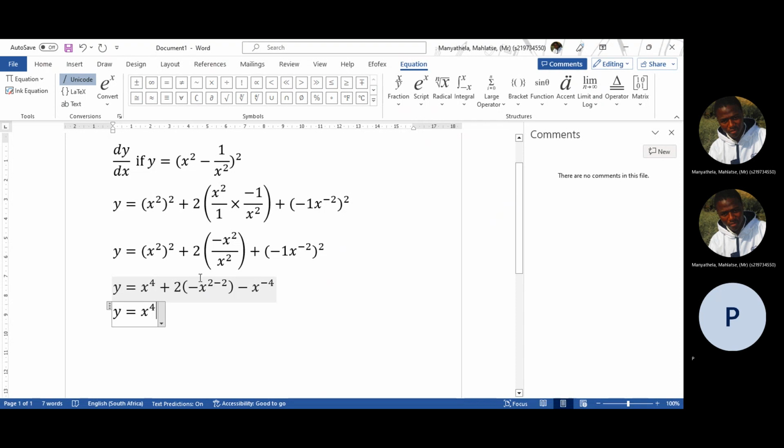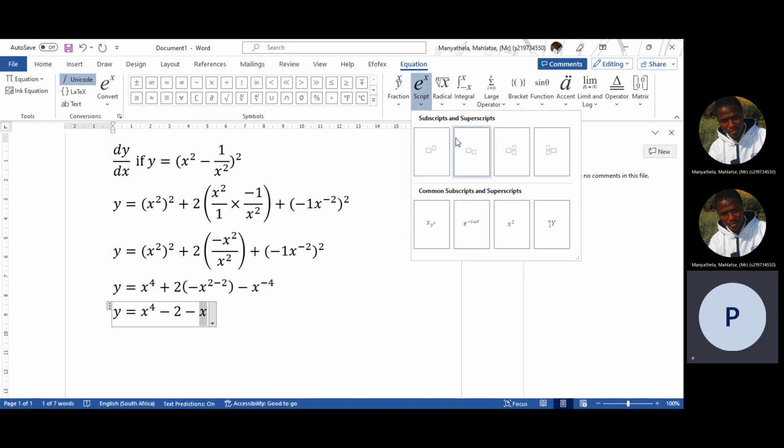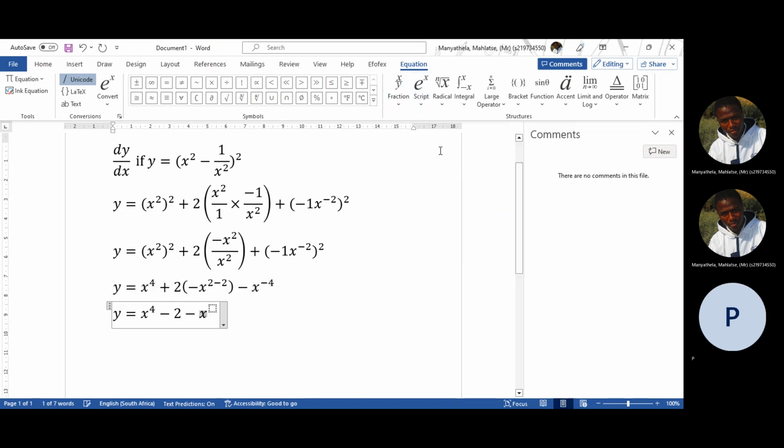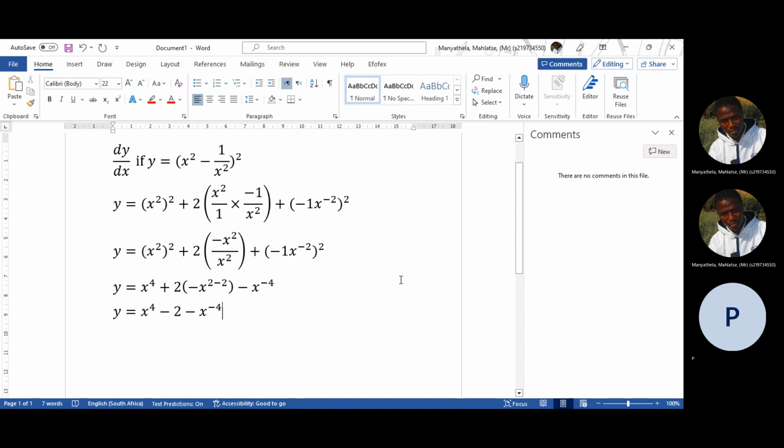So we have 2 multiplying negative 1, because here we remain with negative 1. So 2 times negative 1 will be minus 2. And then minus x to the exponent negative 4. So now that it's simplified, we are ready to derive.